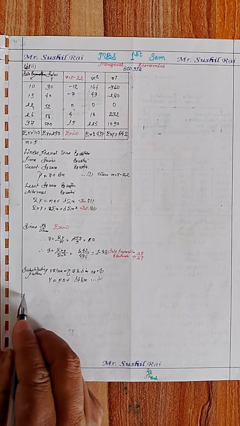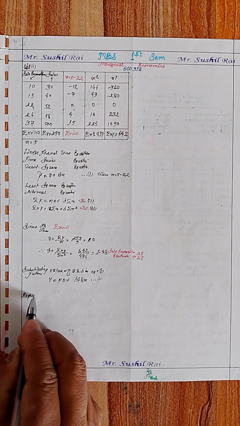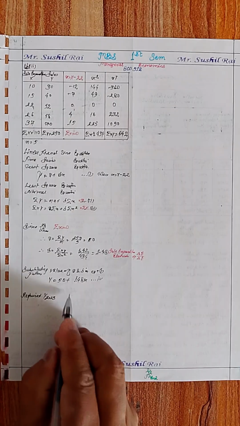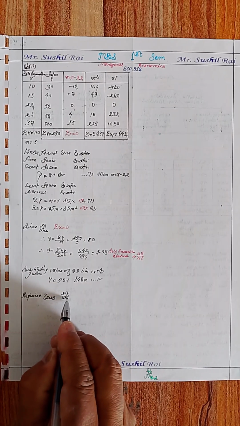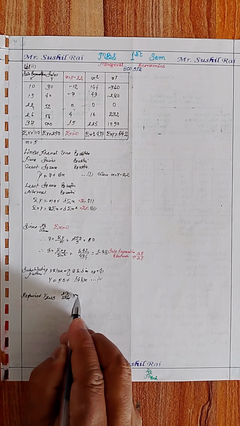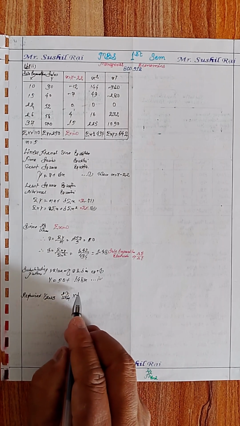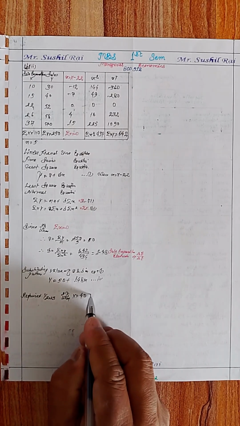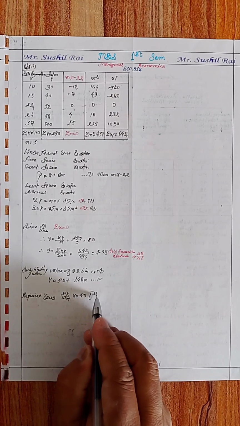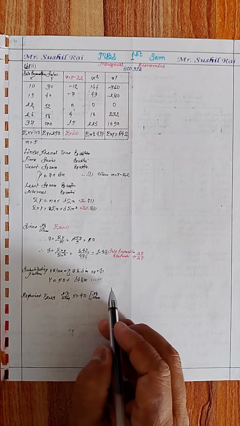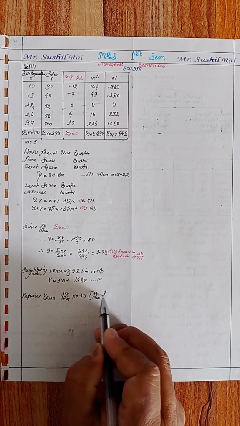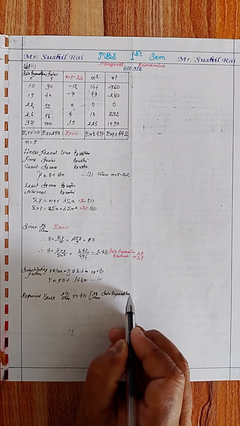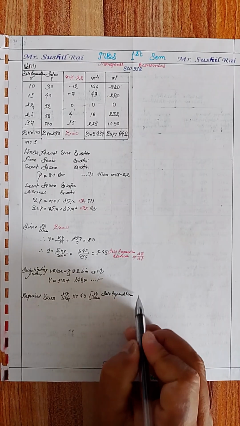Required: y for 2023, when x is equal to 40, that is, when sale expenditure increases to 40.